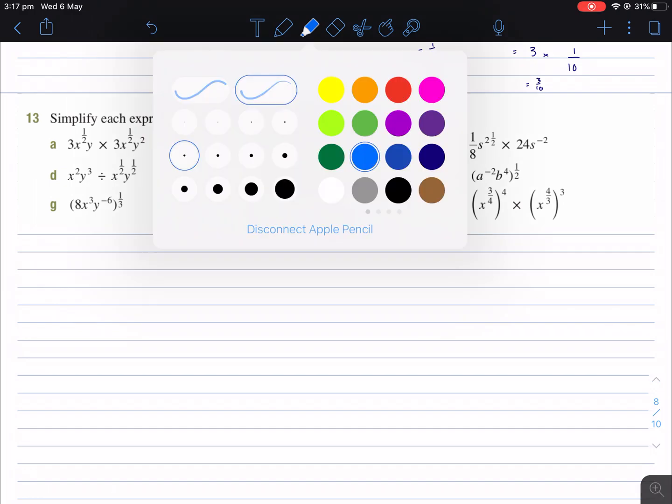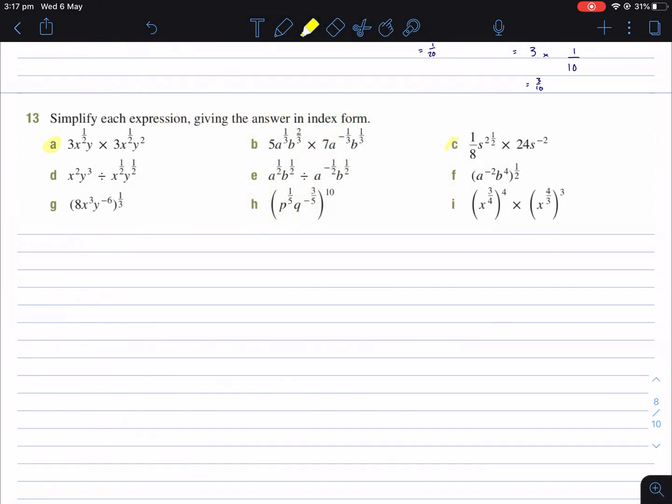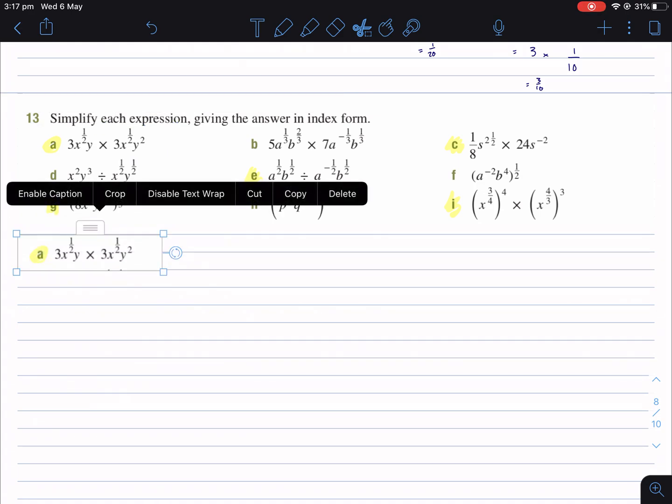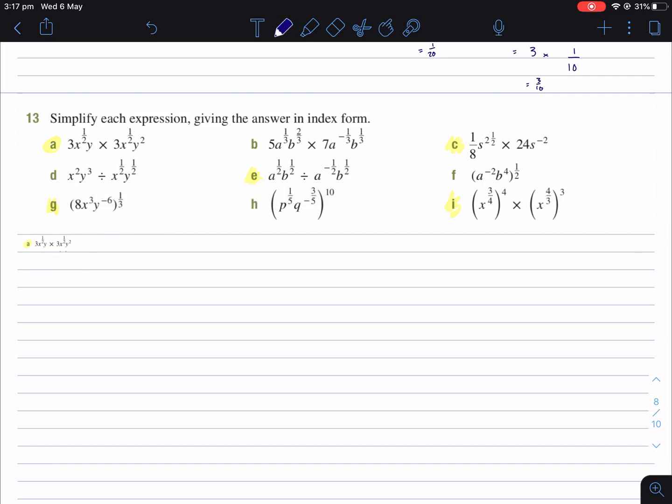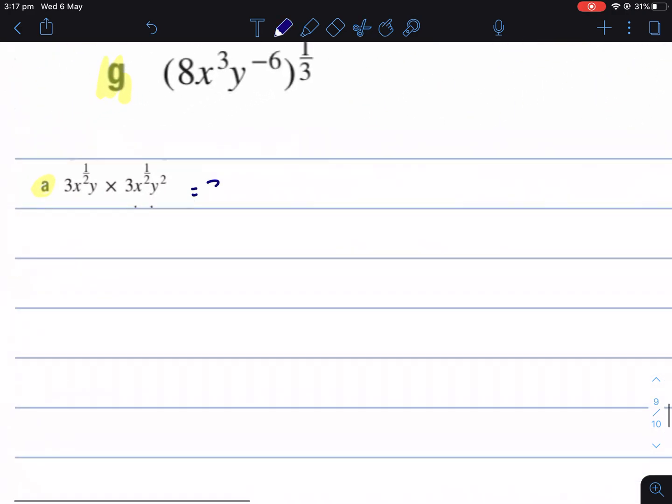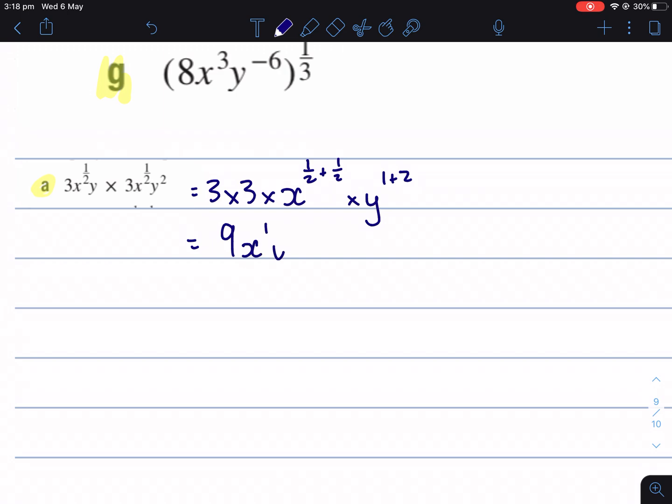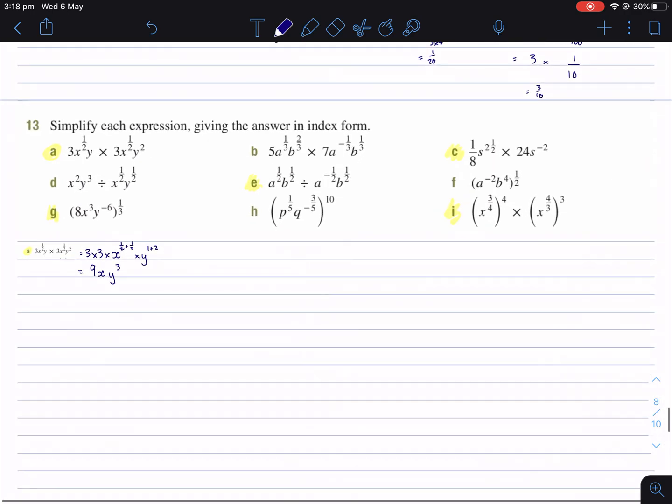So we're going to do A, C, E, G, and I. All right, A. So we've got 3 times 3 times x to the half plus half times y to the 1 plus 2 gives us 9x to the 1, y to the 3. Don't write the 1. C.